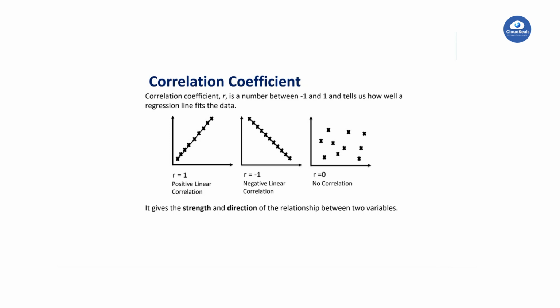Whether one increases, the other also increases. If the correlation coefficient is negative, that means there is a negative direction. For example, if one increases, the other will decrease. So this correlation coefficient describes the strength and the direction of the relationship between the two variables.